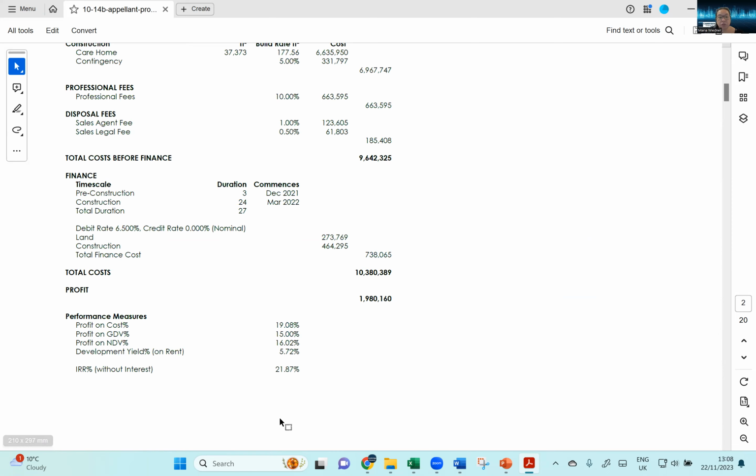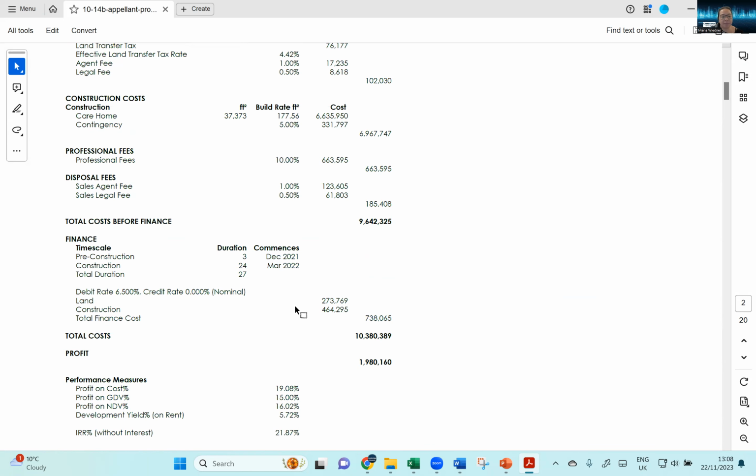Normally there's going to be a target here that is a ratio. Here it seems fairly obvious that the return was set on profit on GDV as 15%. So they say, okay, I want a profit on GDV of 15%.